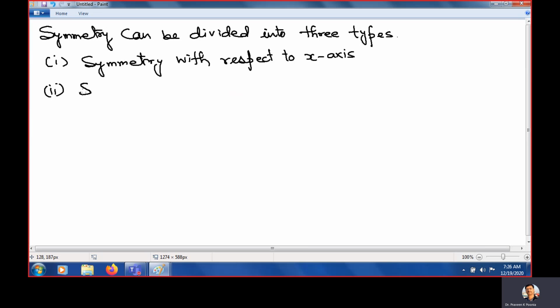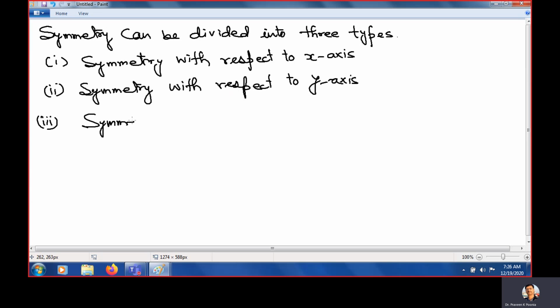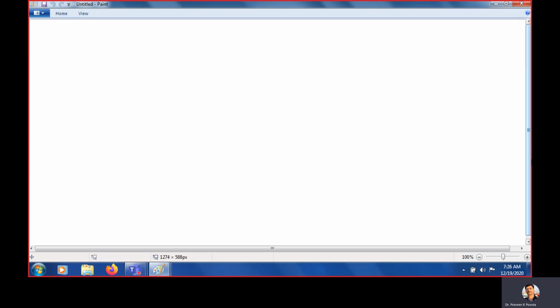Number two, symmetry with respect to the y-axis. And the third one is symmetry with respect to the origin. So these are the three types of symmetry. Clear? We will define them one by one, and then parallelly we will study examples on that.